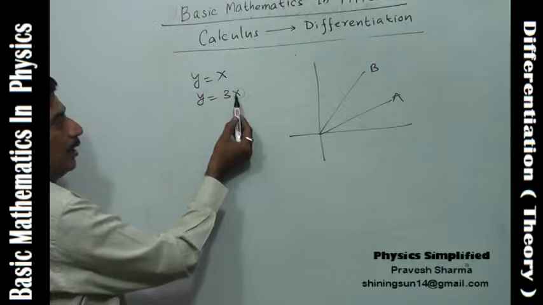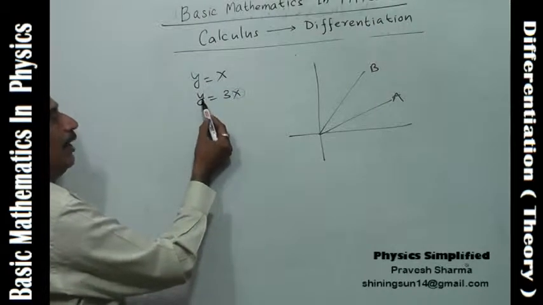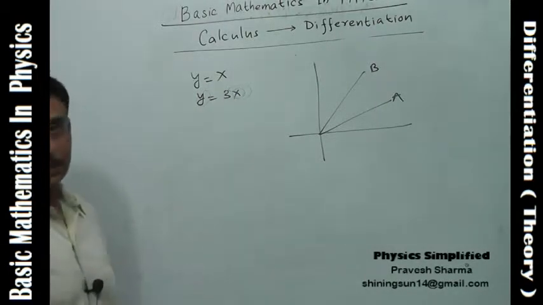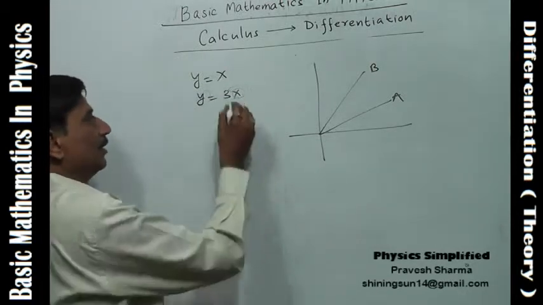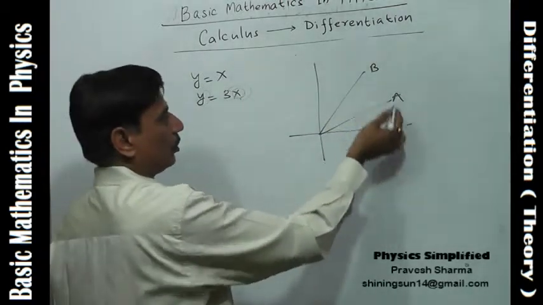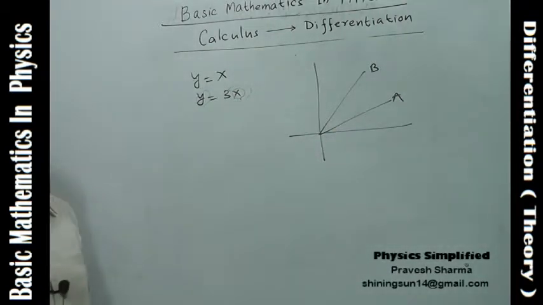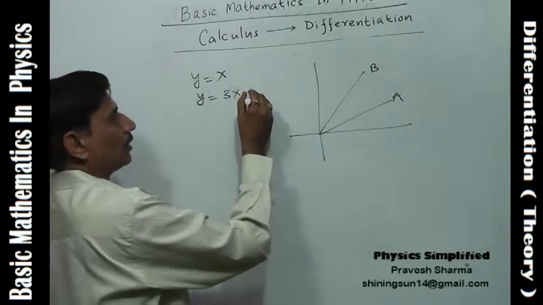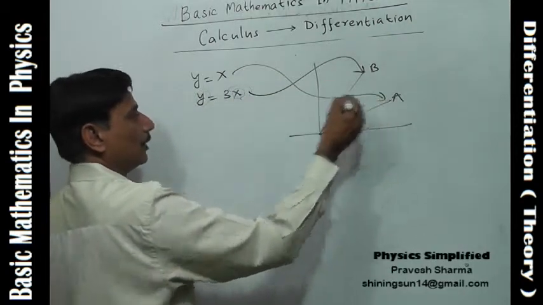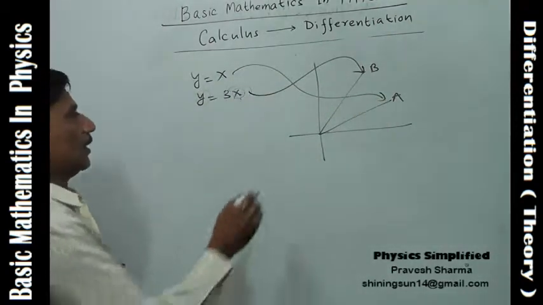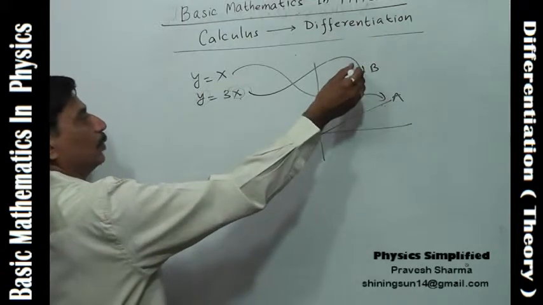Whereas over here, if you change the value of x, the value of y is 3 into the change in x. The value of y is 3x. So as a result, if roughly I draw these two functions like this, this is going to be represented by B, whereas this is going to be represented by A, because the slope of this is less as compared to the slope of this.